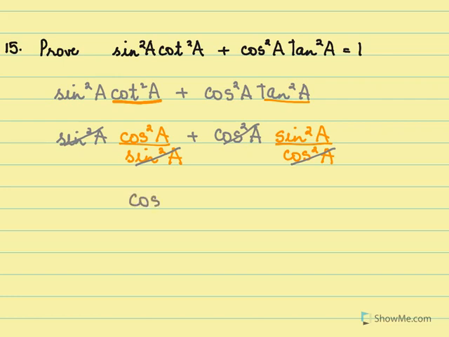So now what I'm left with is cos square A plus sine square A. And you know cos square A plus sine square A is 1, and we have proved.